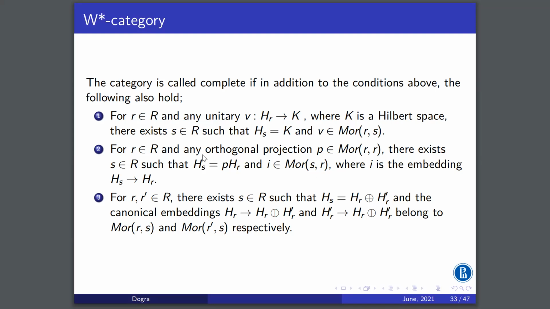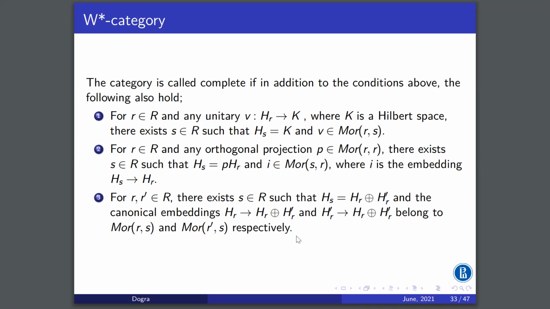Similarly, it should also satisfy these two conditions for an arbitrary object R and an orthogonal projection that lies in the Mor subspace. For any object R and any orthogonal projection in the Mor subspace, there exists another object S such that the Hilbert space with respect to S is given as the product of the projection into the Hilbert space with respect to R. And if this follows, then the category is said to be complete.